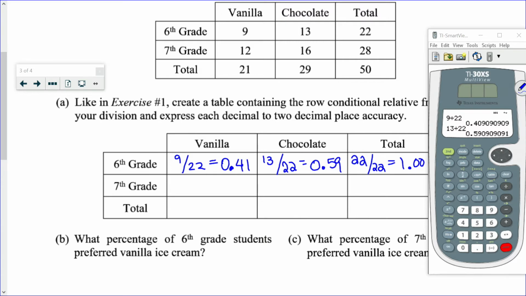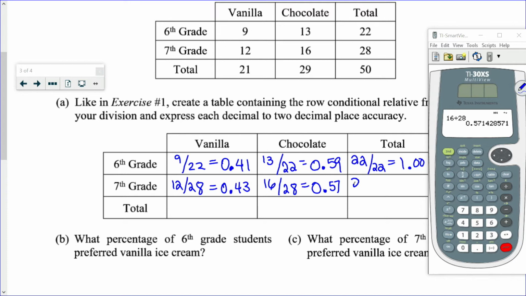Then we go down to 7th grade. I'm going to do 12 divided by 28, and I'm going to get 0.43. Then I'm going to do 16 divided by 28. Clear this out so we can see it a little bit better. And I'll get 0.57.